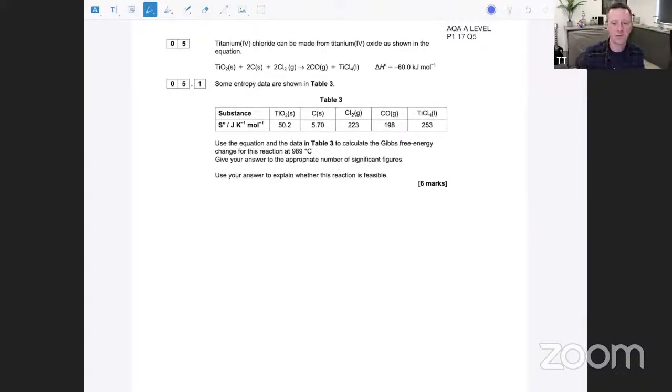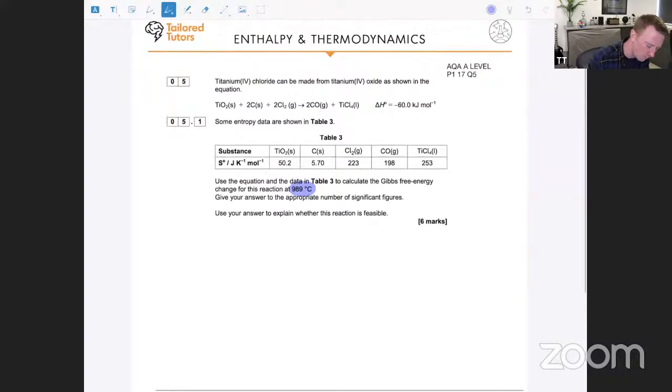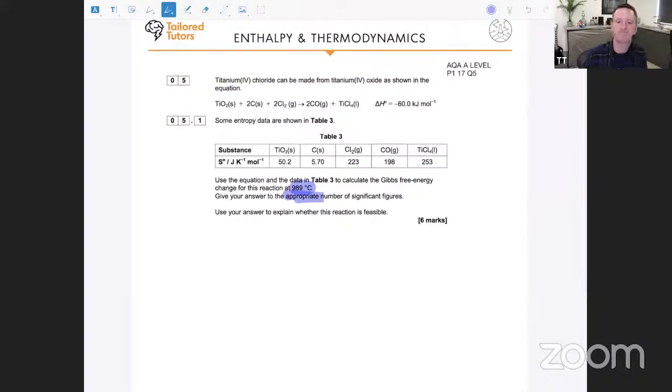Use the equation and the data in table 3 to calculate the Gibbs free energy change for the reaction at 989 degrees Celsius. Give your answer to the appropriate number of significant figures. So looking at the data here, guys, what would be appropriate? 3 significant figures? Absolutely. All of them are 3 sig figs.